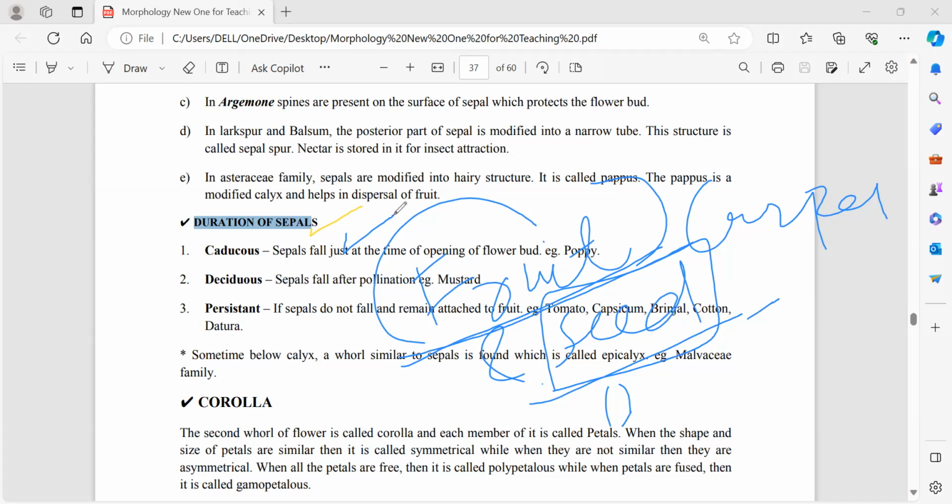But we have some instances wherein even sepals can persist with fruit. And we have some situations where sepals fall immediately after the formation of or before the formation of fruit.